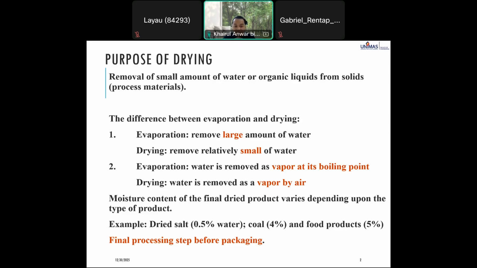The moisture content of the final product varies depending upon the type of product. For example, dried salt is 0.5% water, and other products are 4% or 5%.